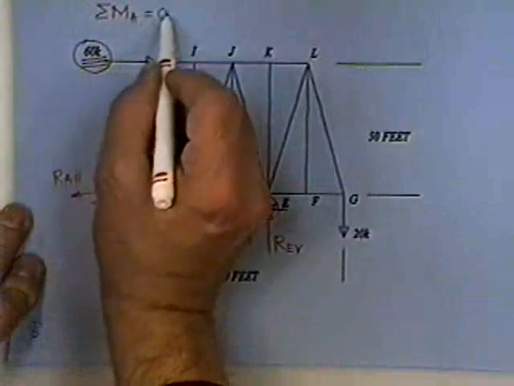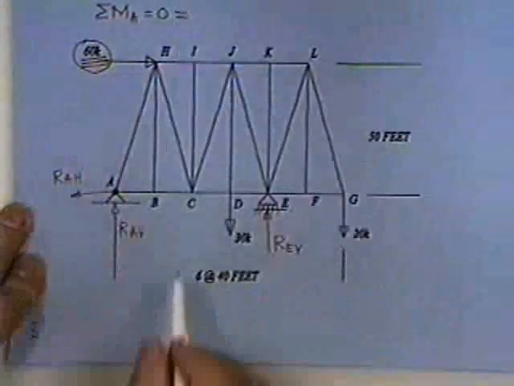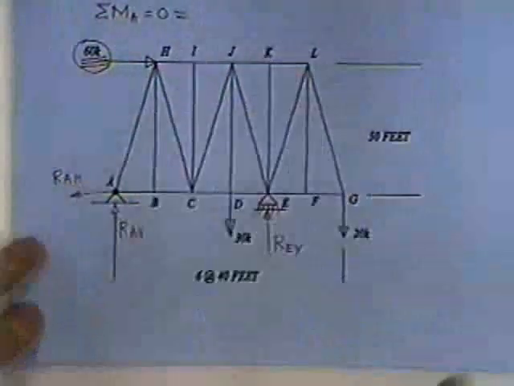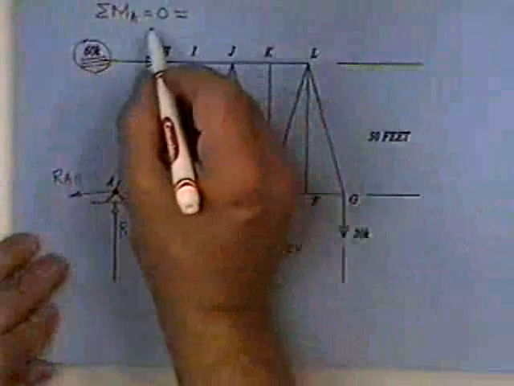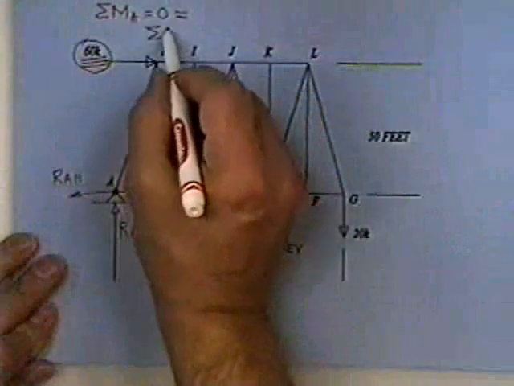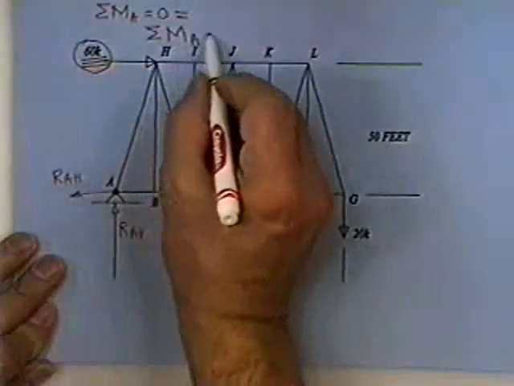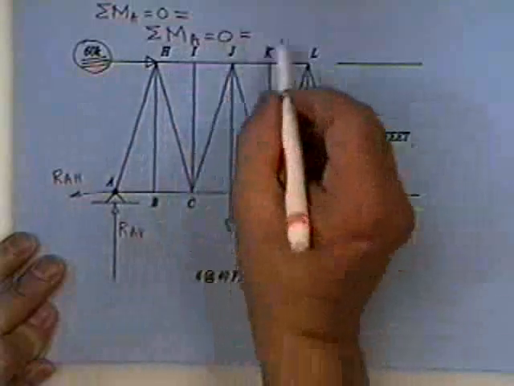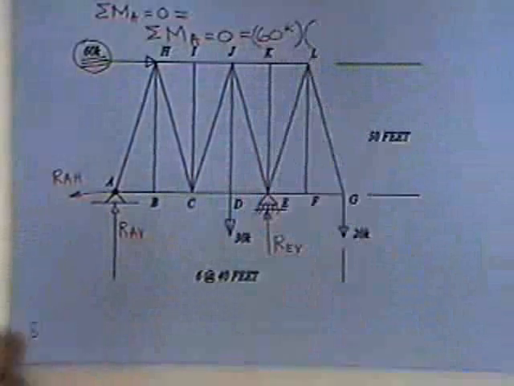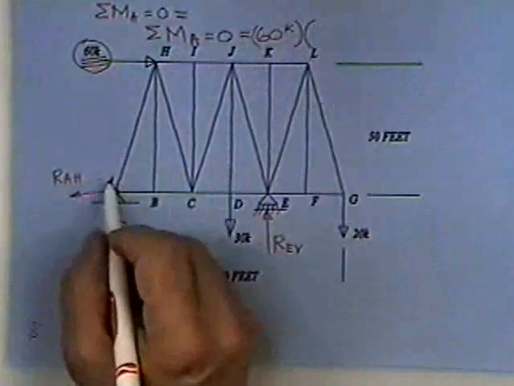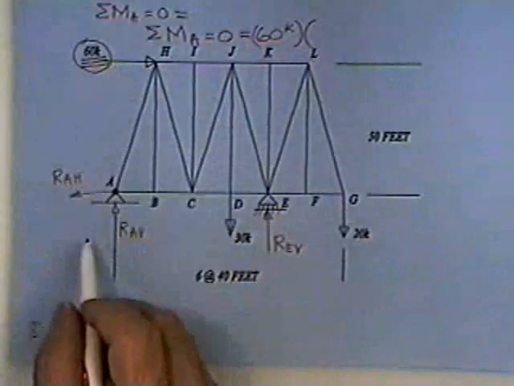Sum moments A equals 0 equals, I'll just rewrite it down here, 60 kips. He is 50 feet away from the point we're summing moments about.